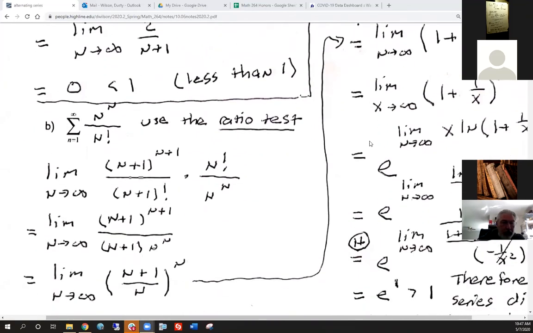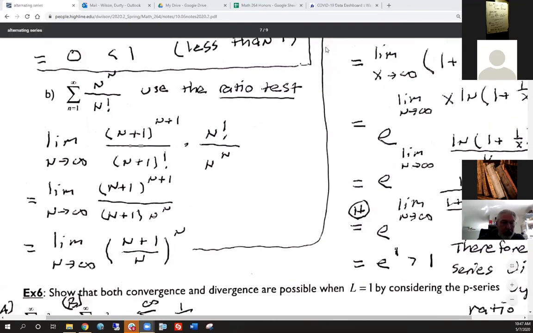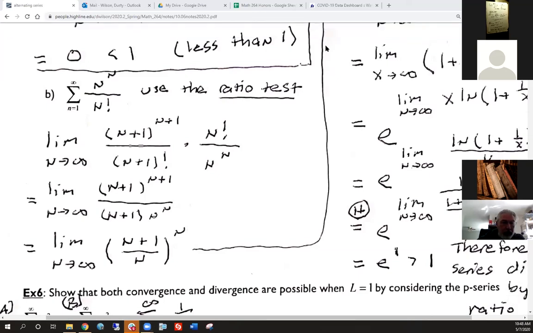In this particular example, I think it's example 8b, the one that we're up to. We have the sum from n equals 1 to infinity of n to the n over n factorial. And we're going to try to use the ratio test.